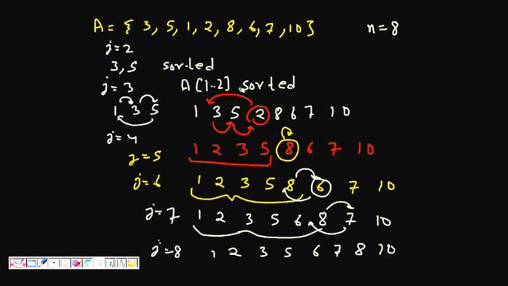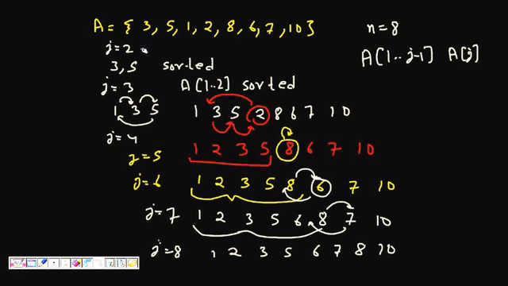Given the array from 1 to j minus 1, we have to place a_j in this sorted array a_1 to a_(j minus 1), in its proper position.